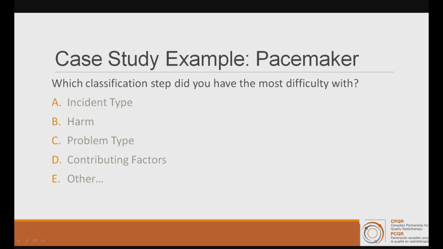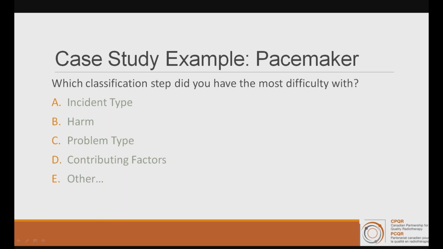So yeah, just asking what classification step did you have the most difficulty with? I'll give you a few seconds to ponder what you think might actually be where you're finding your difficulties, and you can take that back.